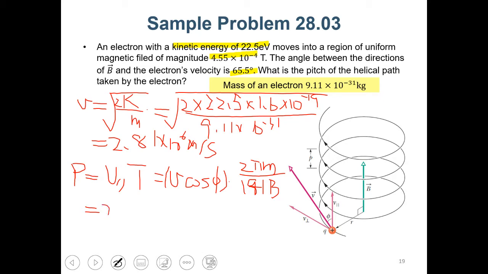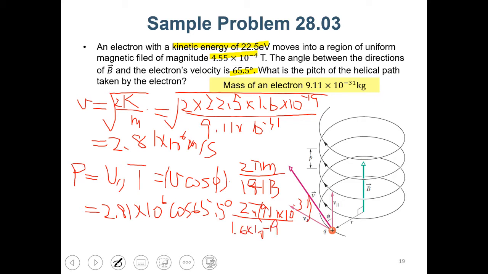So we substitute all the numbers into it: 2.81 times 10 to the 6, and then cosine 65.5 degrees, times 2 pi, and then m is 9.11 times 10 to the minus 31, and then Q is 1.6 times 10 to the minus 19, and then B is 4.55 times 10 to the minus 4.